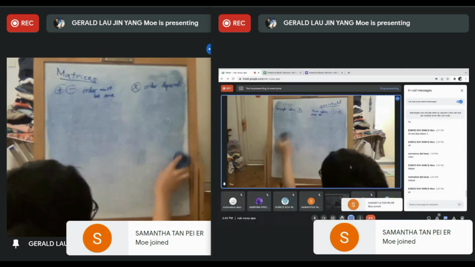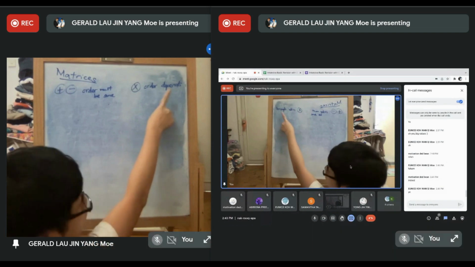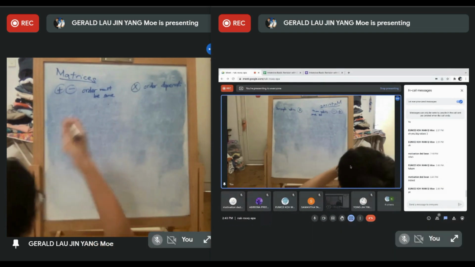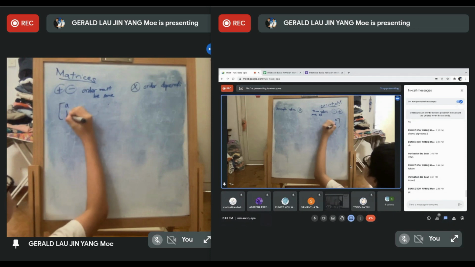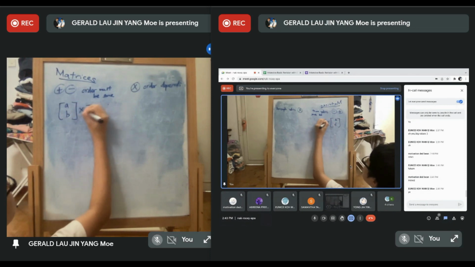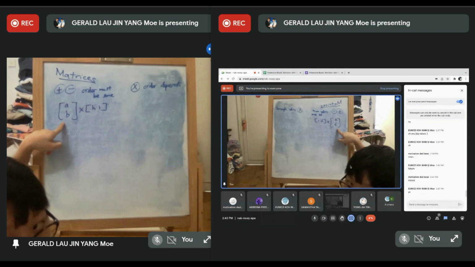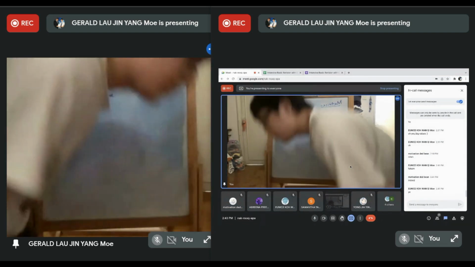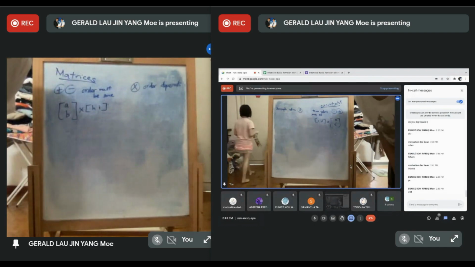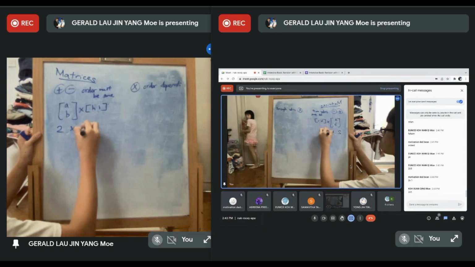Okay. When you want to multiply two matrices, you depend on the order. What does it mean, depend on the order? Let's say A, B times HI. What is the order of this first matrix? 2 times 1.